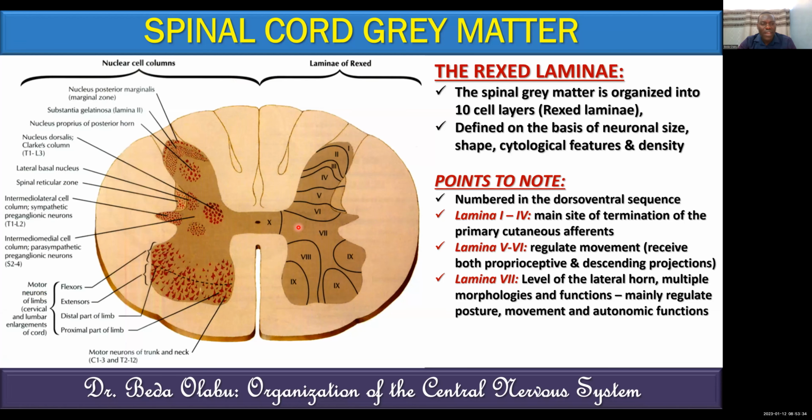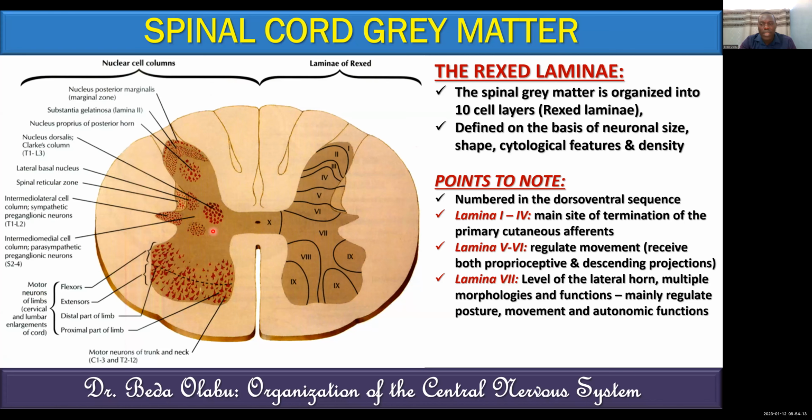Within this region, we have the well-known thoracic nucleus of Clarke, largely present in the thoracic spinal cord, T1 to L3, but mainly in the thoracic column. Among other nuclei present here, you can see the intermediolateral and the intermediomedial nuclei, also part of lamina 7.